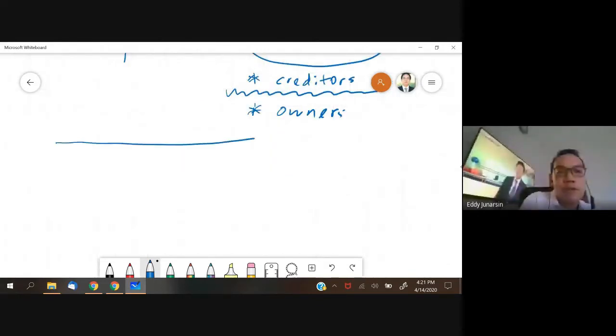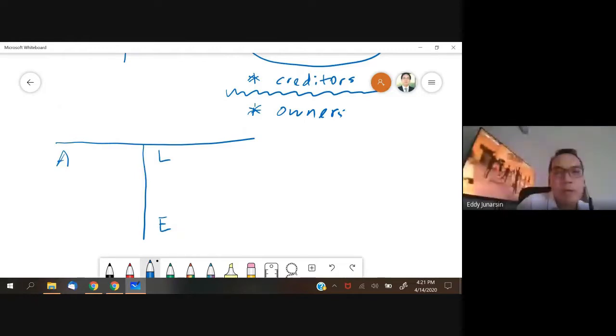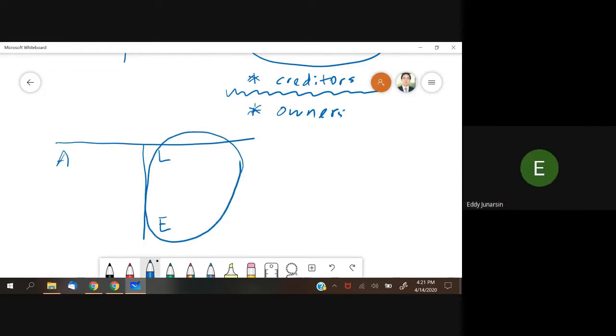So if I draw a simple balance sheet, assets on the left, and we have liabilities and equity, we could easily and safely guess that almost all items on the right side of our balance sheet are capital, almost all items. But of course, in reality, not all of them are capital. Some of the items are not financed by investors. So they are not capital, right?